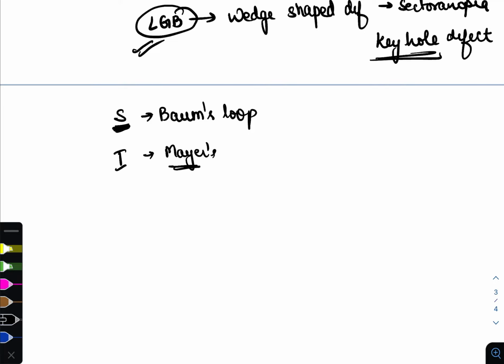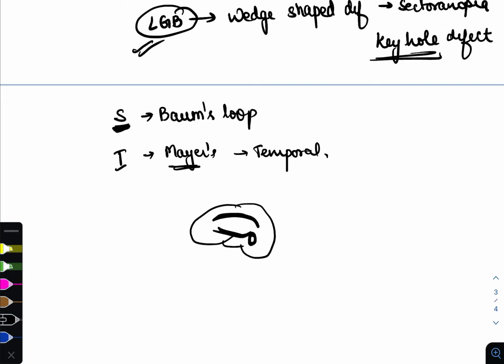And please remember, in Mayer's loop the temporal area will be covered. Suppose this is our brain: these fibers cross like this and reach the visual cortex area, while the superior ones pass across the parietal area. So this is superior and this one is inferior.